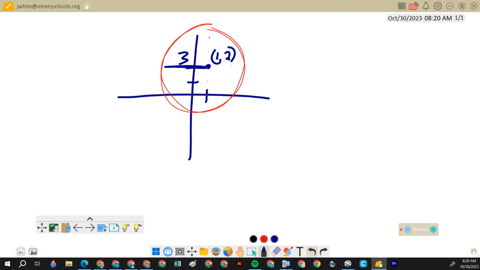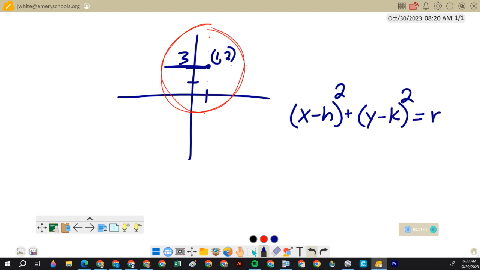Okay? The equation of a circle is x minus h squared plus y minus k squared equals r squared. And that might look more complicated than most functions you've dealt with before, but the center of the circle is h comma k, and then obviously this is the radius.